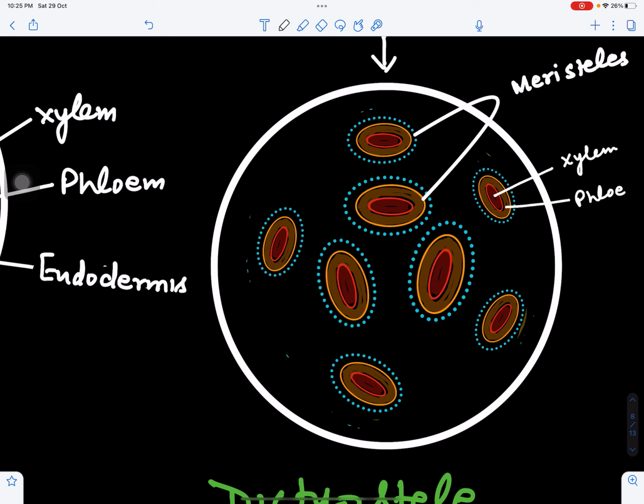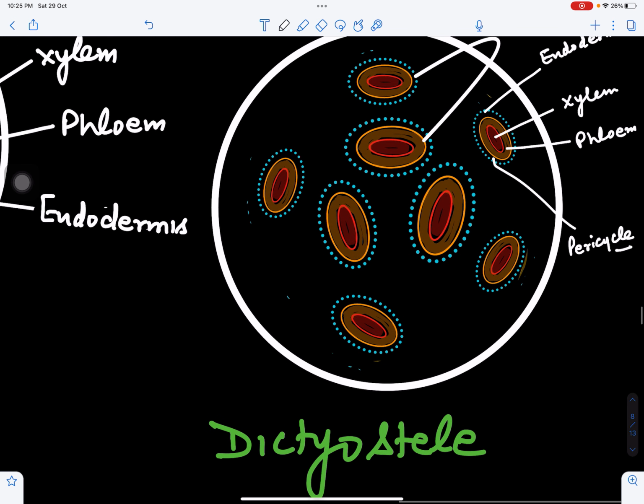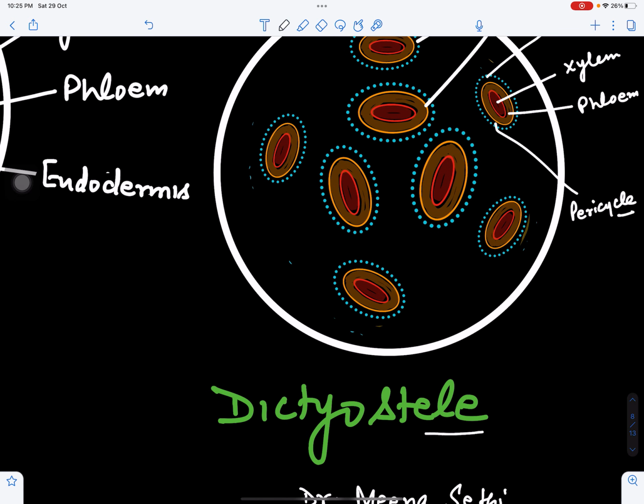Yellow color is phloem and this blue color is endodermis, and the gap between phloem and endodermis is pericycle. So these are meristeles which are being produced, and here they are arranged in two rings. So this is called as dictyostele.